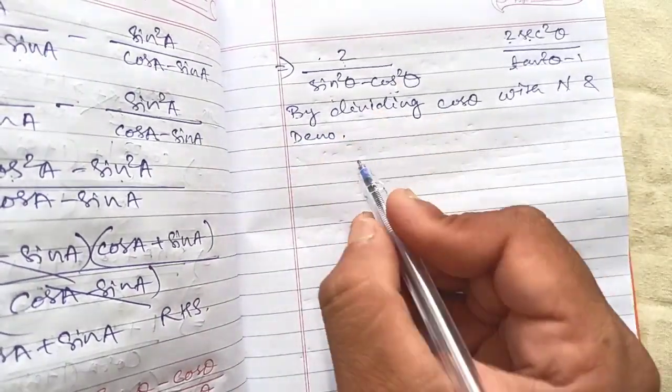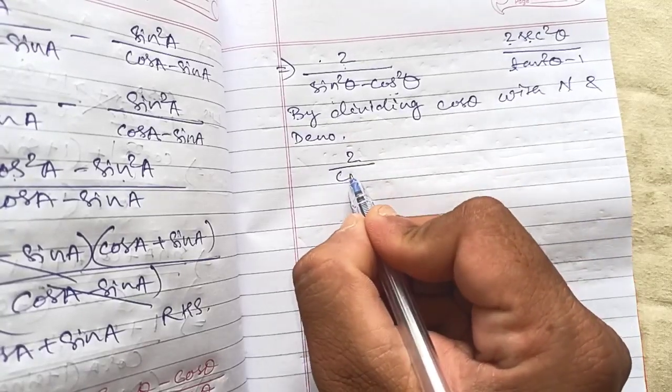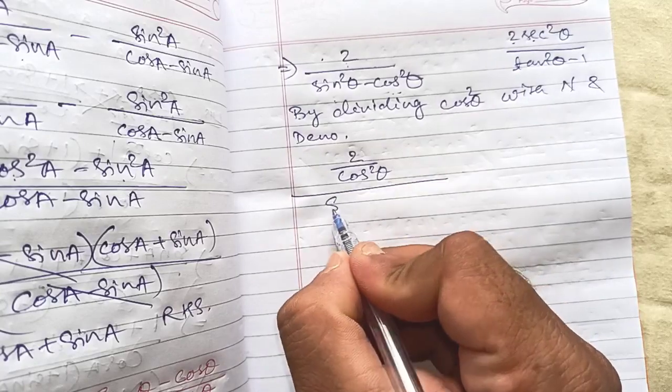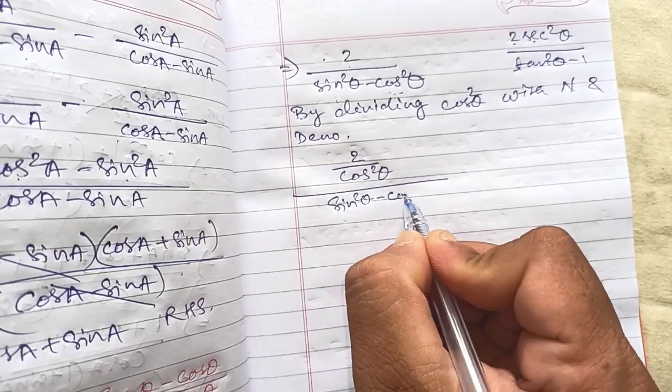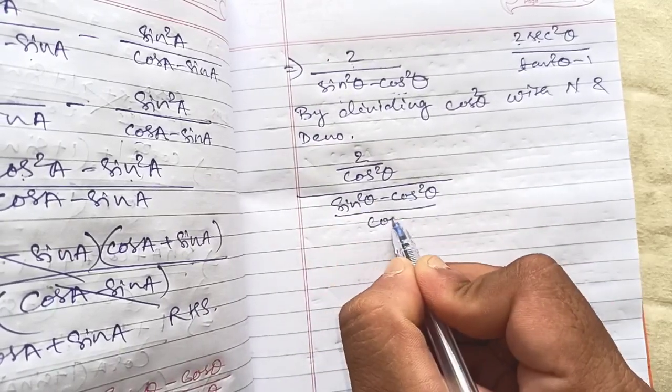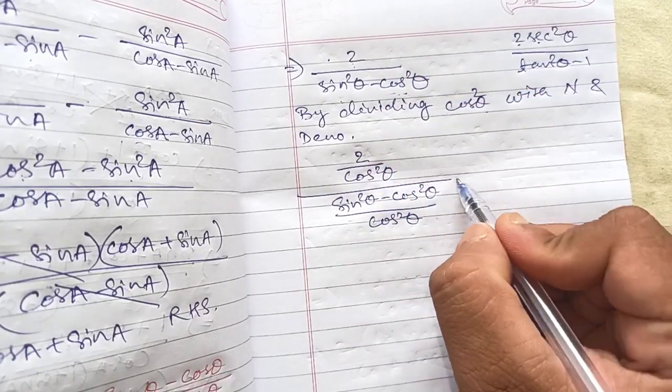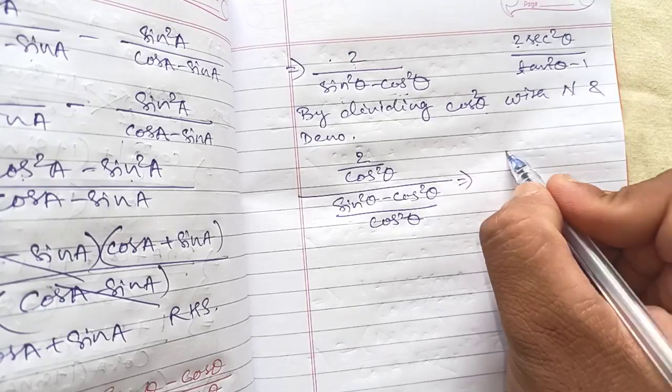Okay, so what we will get? 2 by cos square theta we will get, whole divided by (sin square theta minus cos square theta) by cos square theta. I said with both the numerator and denominator we will divide by cos square theta. Why I am dividing you will come to know.